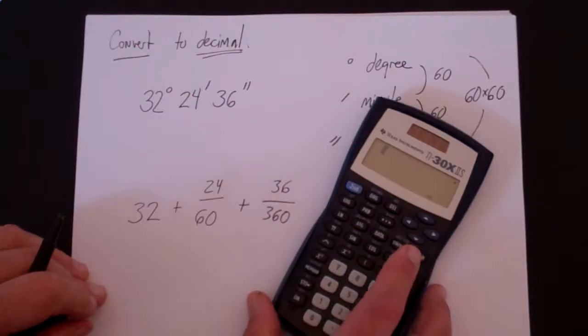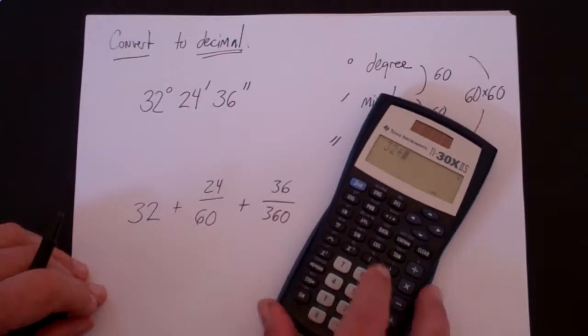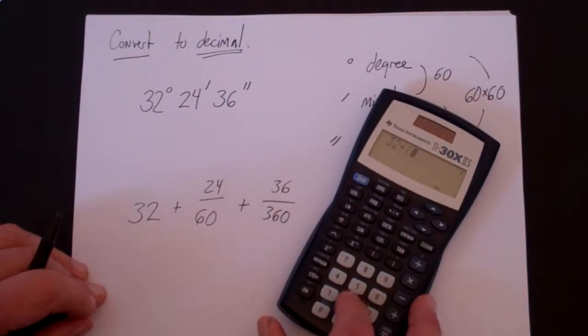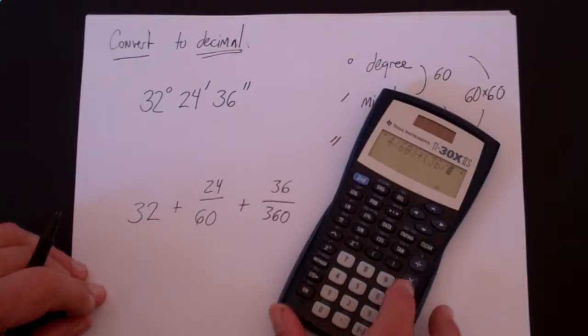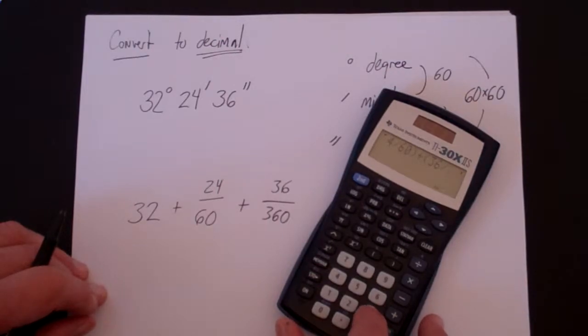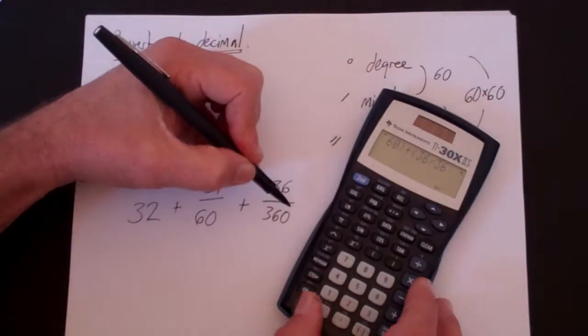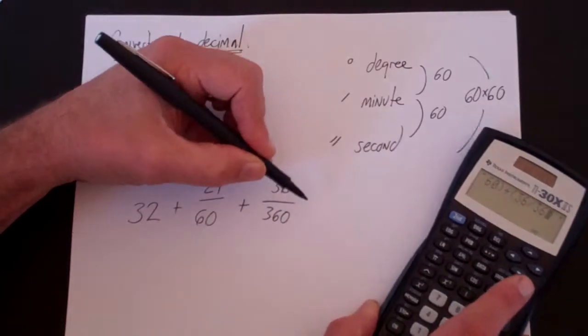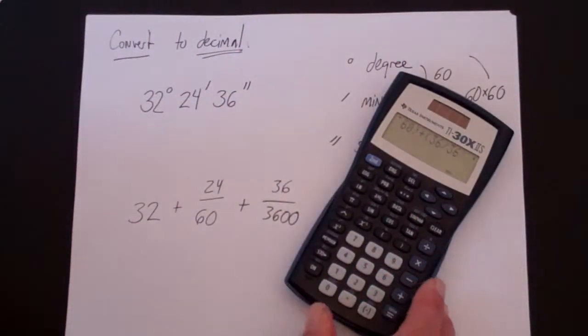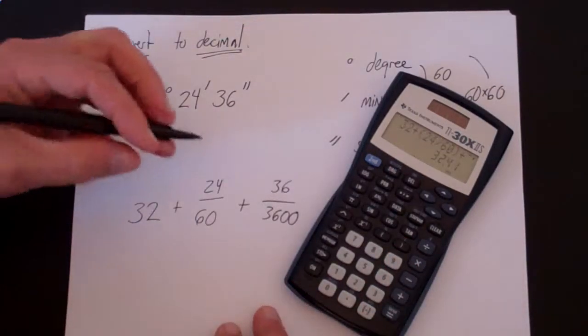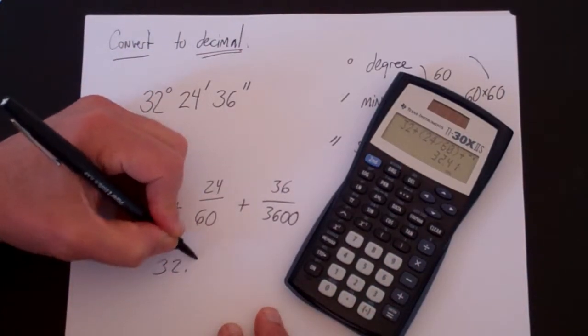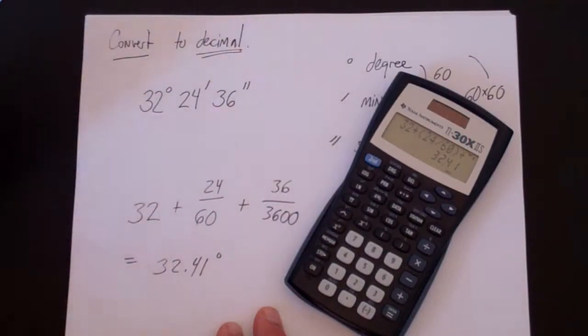So your final answer would be 32 plus, in parentheses, 24 divided by 60, plus, parentheses again, 36 divided by 3,600. It's not 360, it's 3,600. And calculate, I get 32.41 degrees.